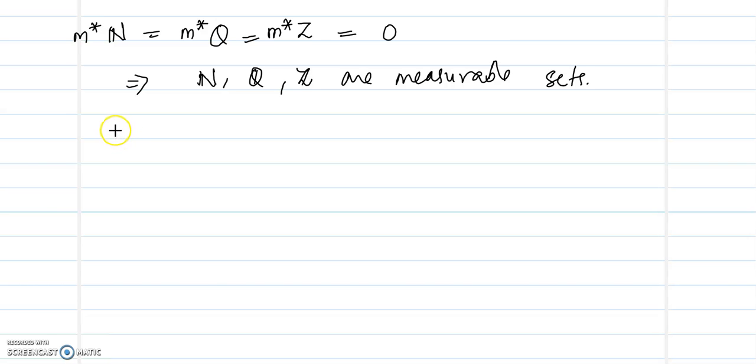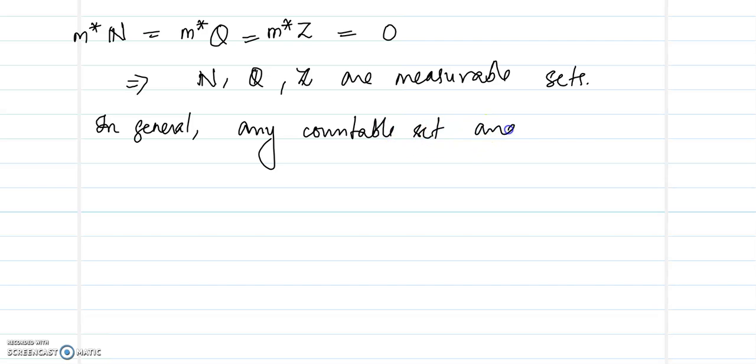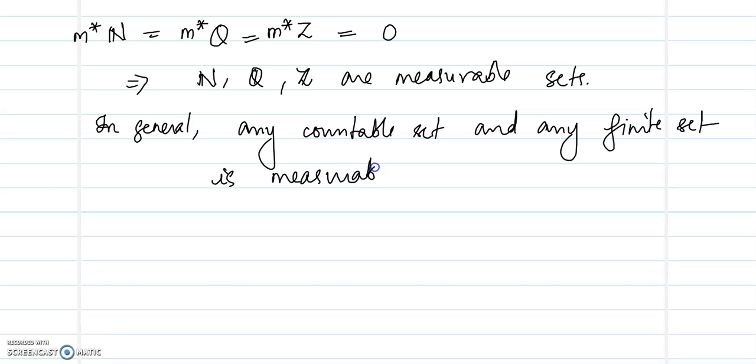So in general we can conclude that any countable set and any finite set is measurable, since we already saw that they have outer measure 0.